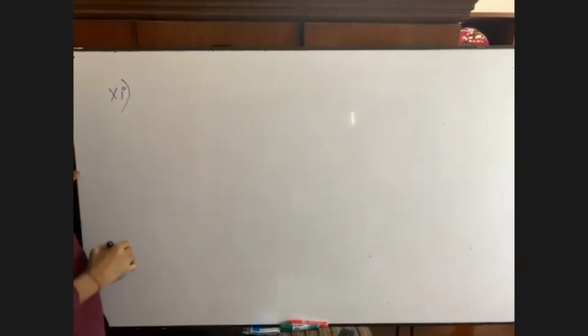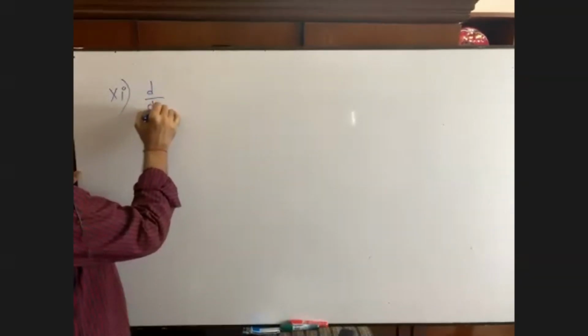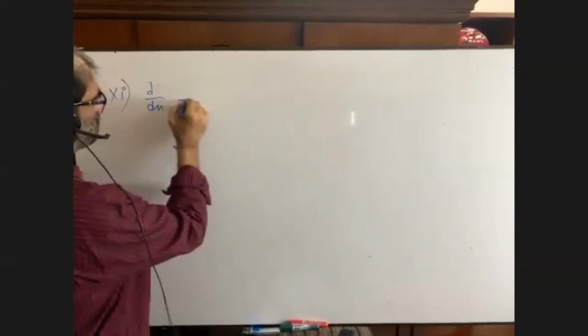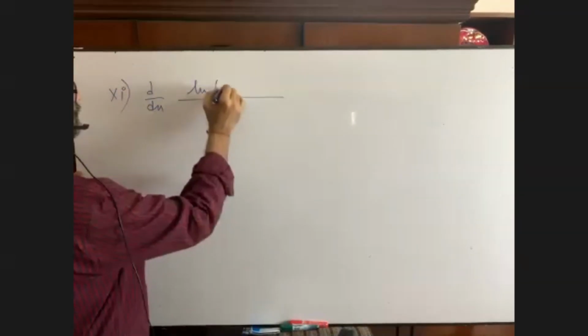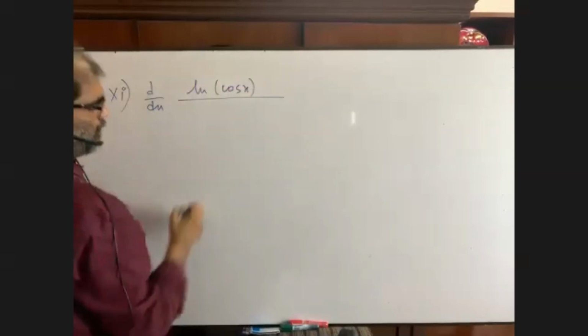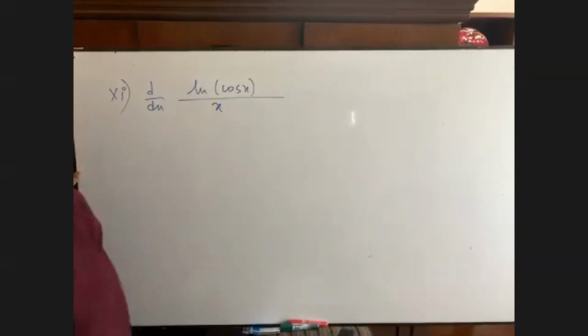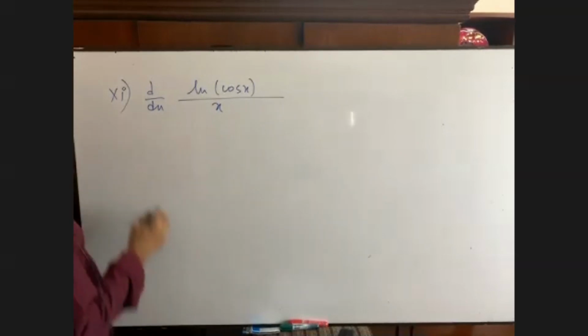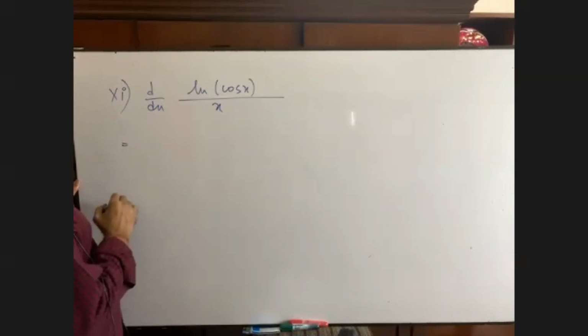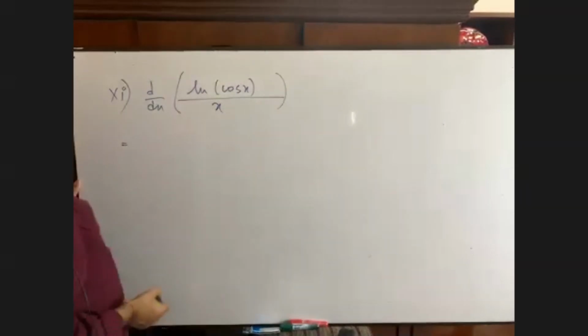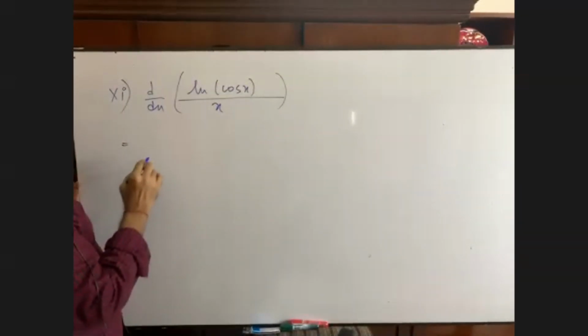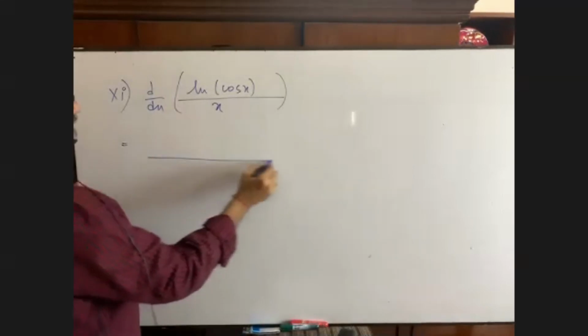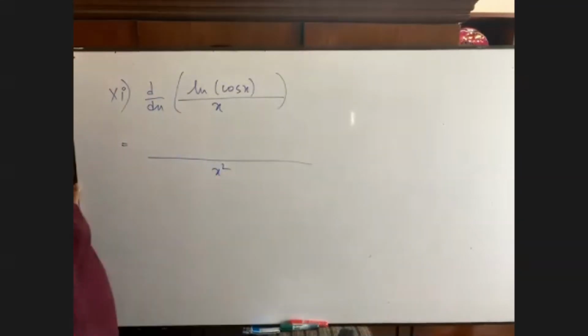The last math, d by dx ln cosine x by x. Will you do or I will do? Sir, we will do. Okay, do it by yourself. What should be done? Let me know. Very easy and simple, x square, right?